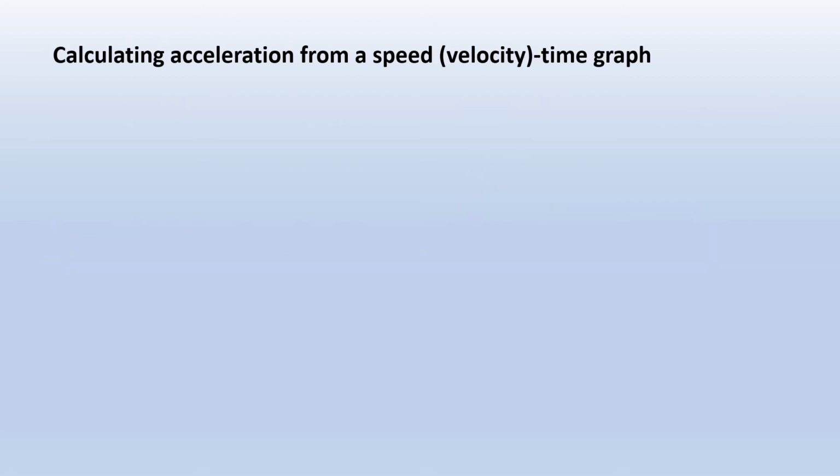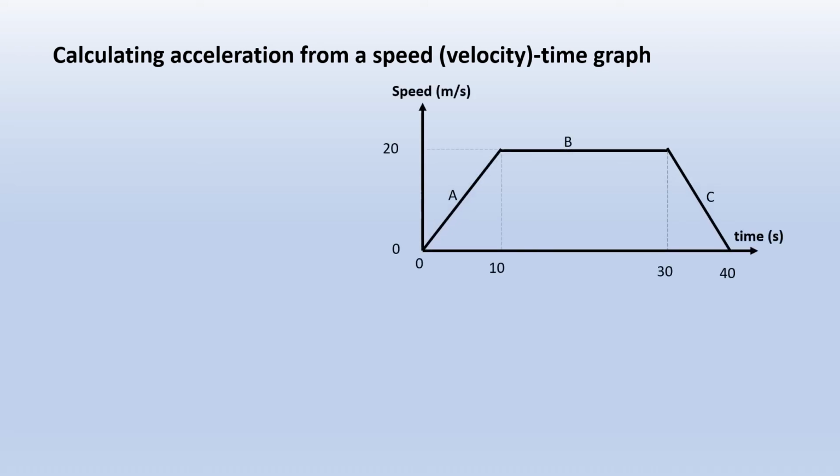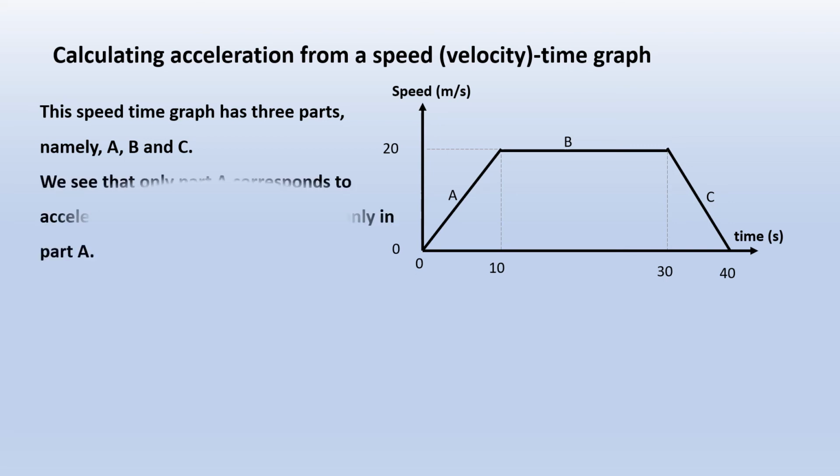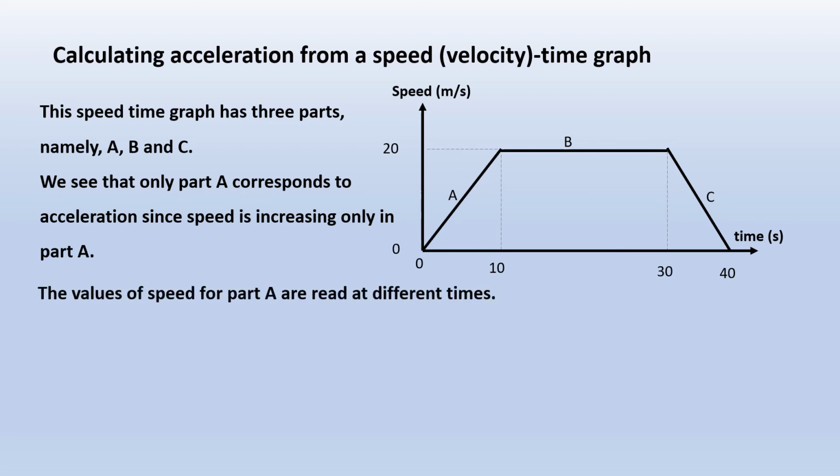Calculating acceleration from a speed-time graph. This speed-time graph has three parts, namely A, B, and C. We see that only part A corresponds to acceleration, since speed is increasing only in part A. The values of speed for part A are read at different times.